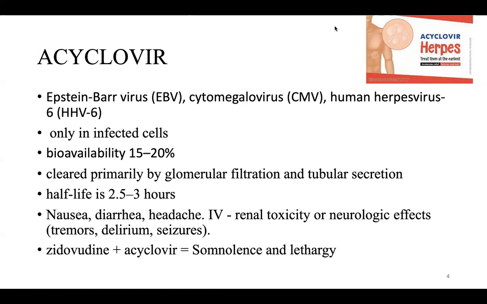In vitro activity against Epstein-Barr virus, cytomegalovirus, and human herpes virus 6 is present but weaker. Acyclovir requires 3 phosphorylation steps for activation. Because it requires the viral kinase for initial phosphorylation, acyclovir is selectively activated and the active metabolite accumulates only in infected cells.